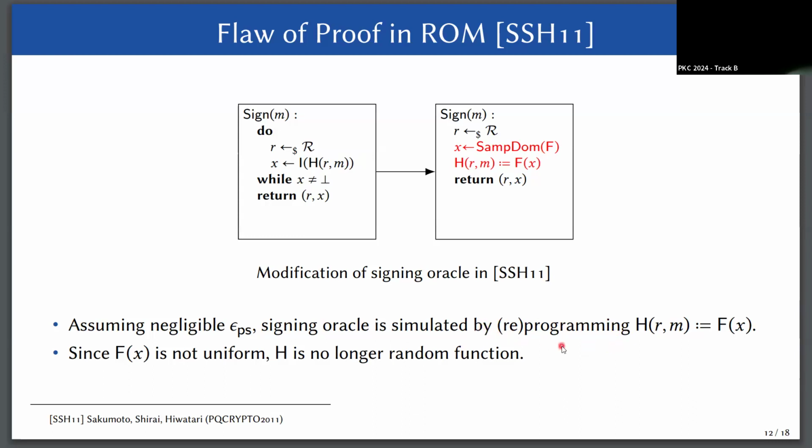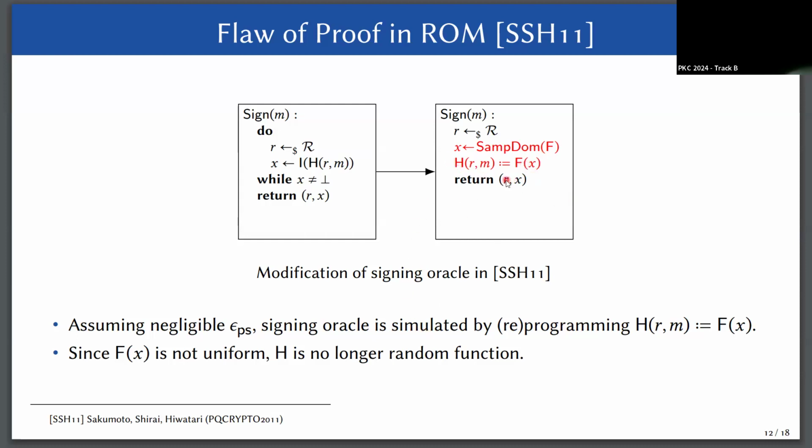But I'd like to use the term reprogramming here because I use reprogramming in my QROM proof later. Okay. This is a modification of the signing oracle. X is generated by the sample domain function, and the random function H is reprogrammed such that H of M equals f of X.